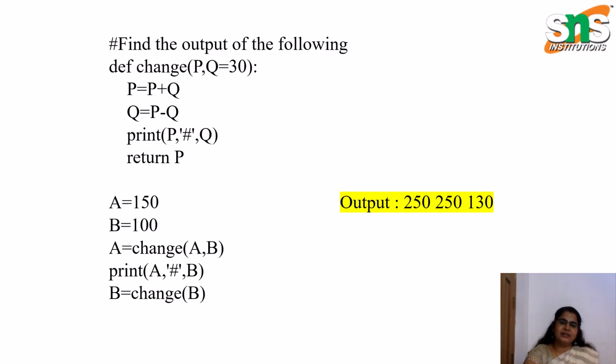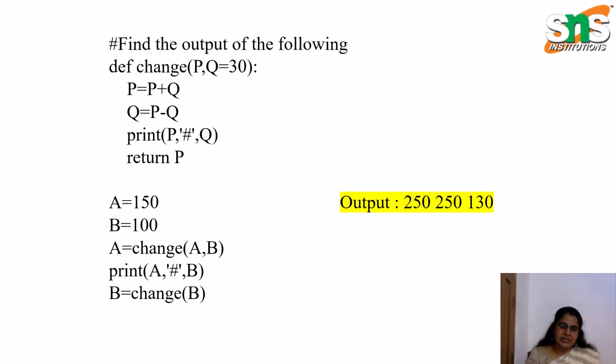Coming to the next thing, find the output of another example. I am going to declare a function named change, defined with p comma q equal to 30. Here I am assigning the value 30 to q. Now I am going to add p plus q and store it in p, and p minus q and store it in q.